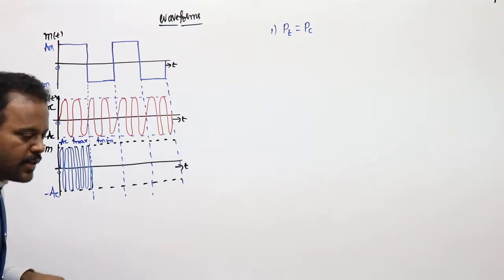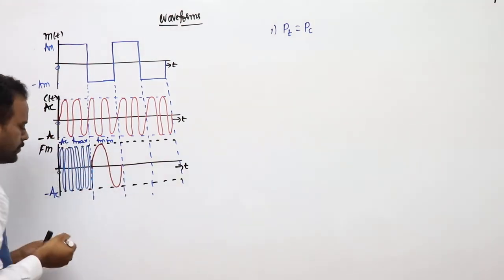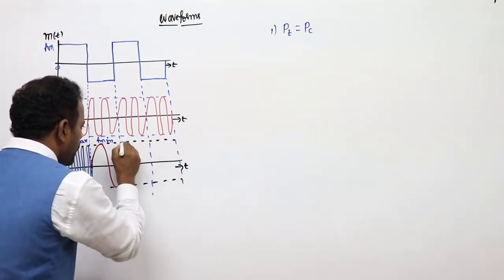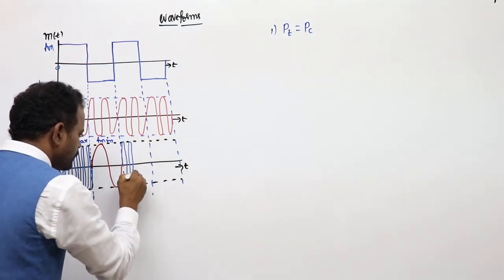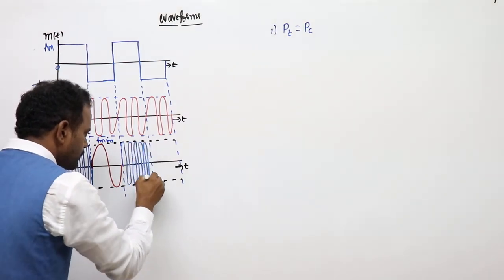Frequency is less, number of cycles will be less. Frequency is more, number of cycles will be more. Frequency means number of cycles per second.